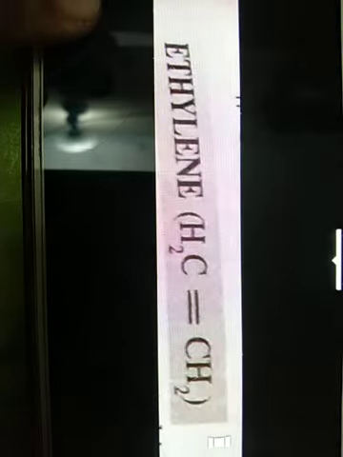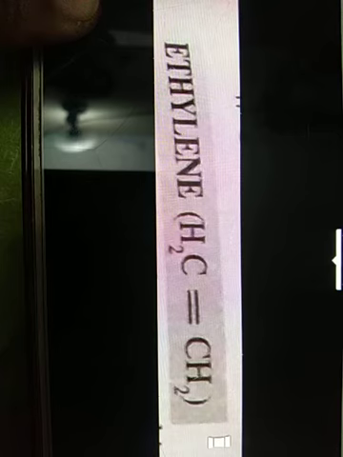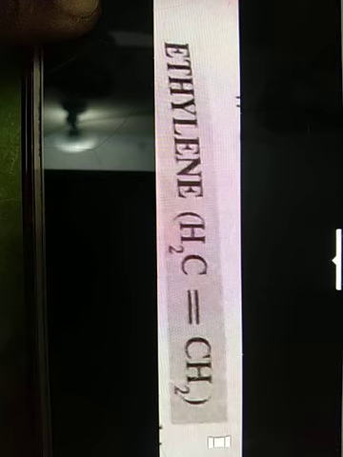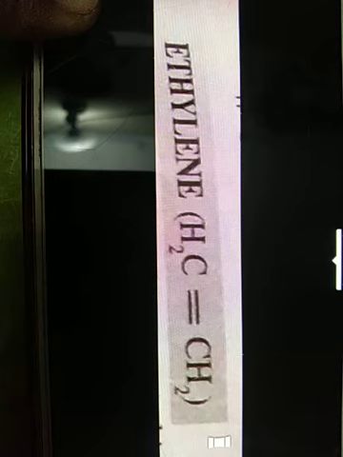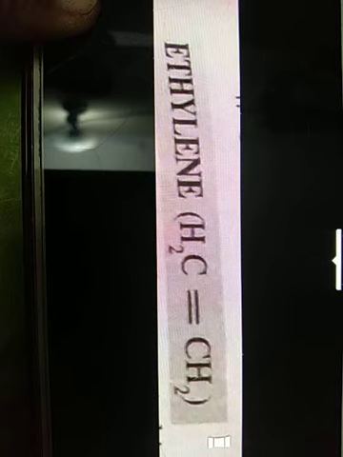Use of ethylene: ethylene regulates a number of physiological processes, therefore it is a widely used plant growth regulator in agriculture. The common compound used for obtaining ethylene is ethephon, or ethrel, which is 2-chloroethyl phosphonic acid.